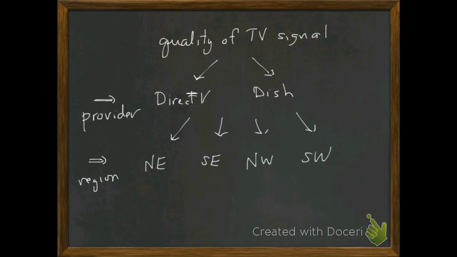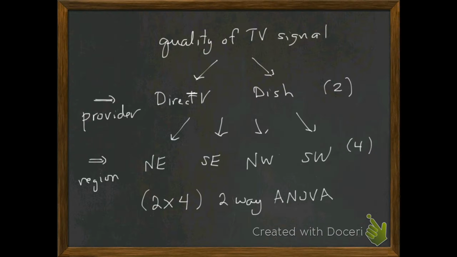So, guys, what we would do here, we have 2 levels of provider. We have 4 levels of region. So we would run a 2x4 two-way ANOVA design. Now, a couple of things going on, actually 3 things going on.